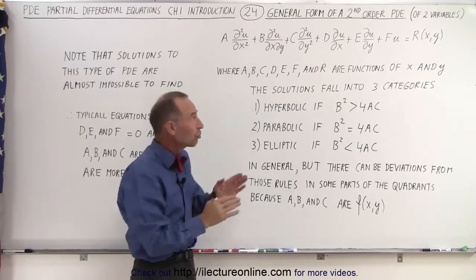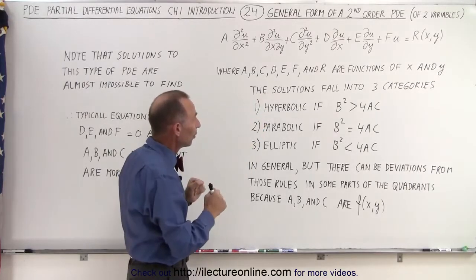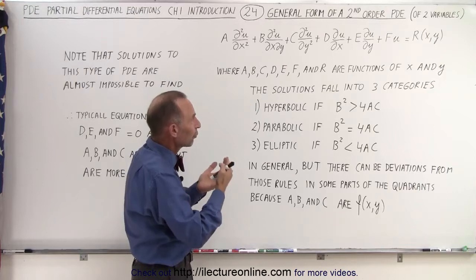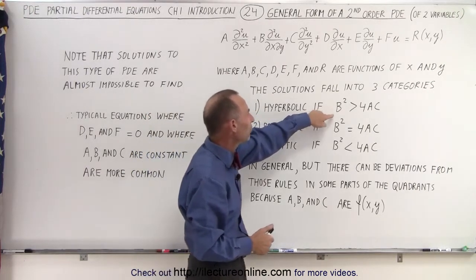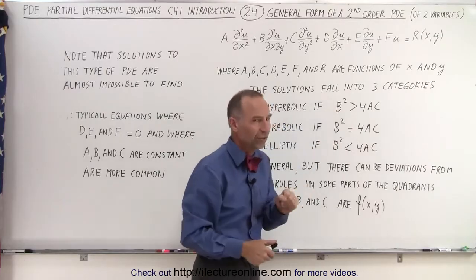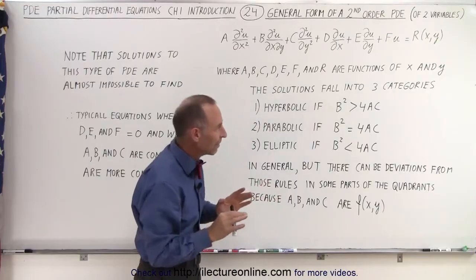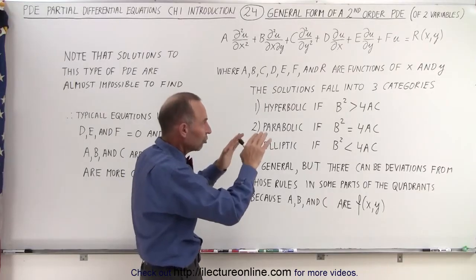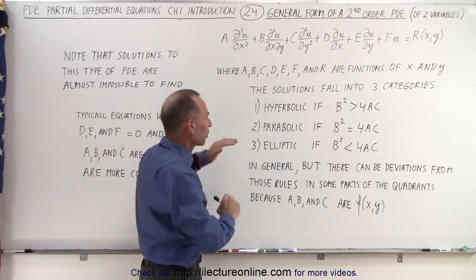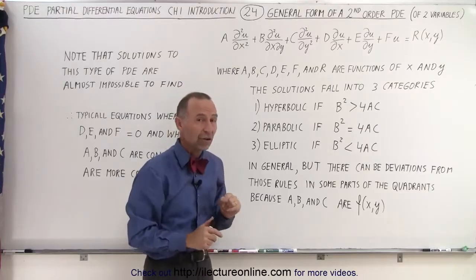In general, when we try to solve something like this, we'll have solutions that fall into three major categories. It can be a hyperbolic function if b squared is greater than 4ac. Now you should recognize that as something that we use in quadratic equations, so there'll be some relationship between solving a quadratic equation and solving partial differential equations.